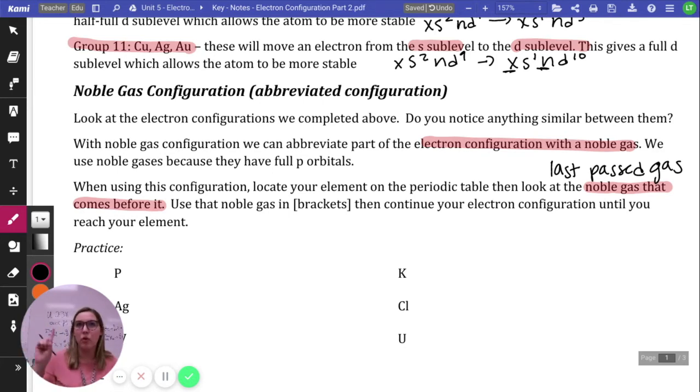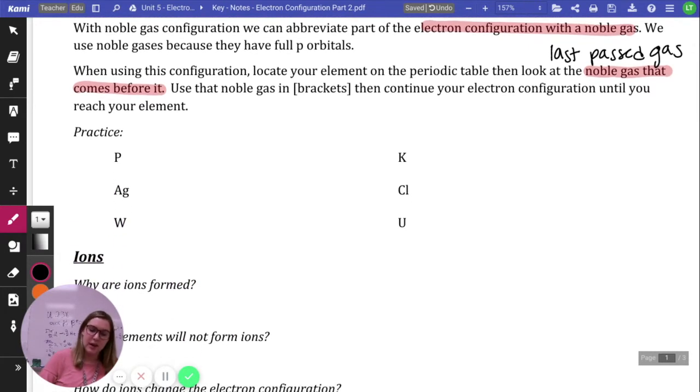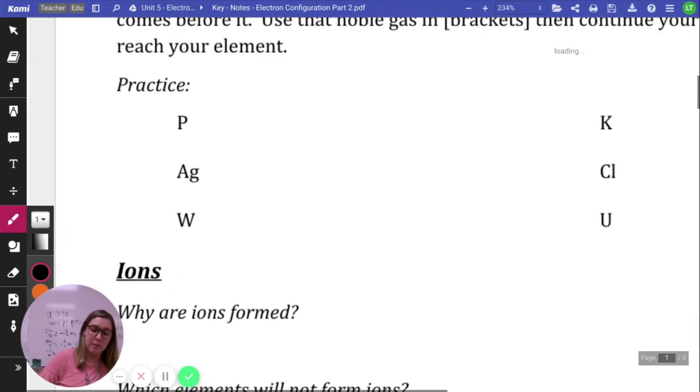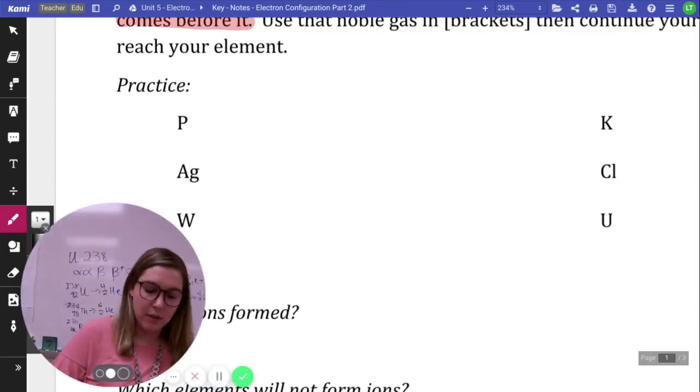So it's not the closest noble gas. It's the noble gas that comes before on the periodic table. You're going to bracket that noble gas and then continue your electron configuration until you reach your element. So let's try it with a couple of these, and I think you'll find that it is much shorter to get there.